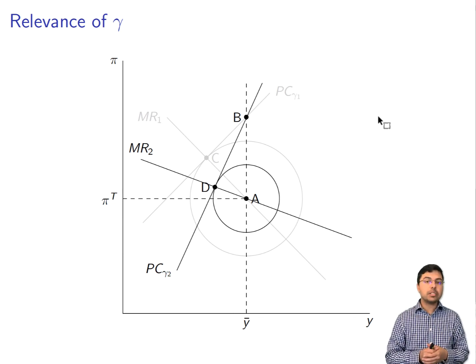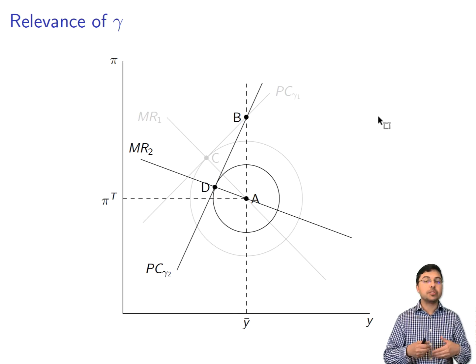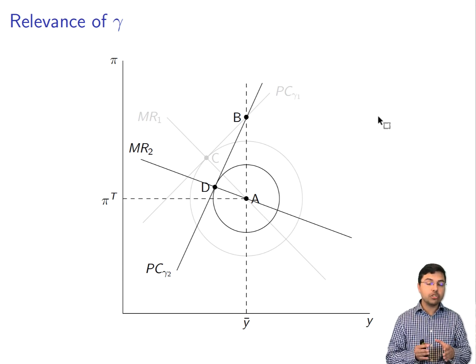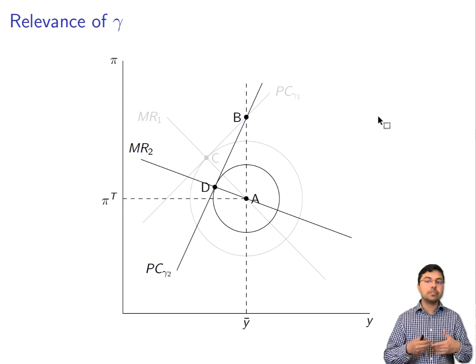But now, because the PC is steeper, the optimal output inflation combination that the central bank can achieve is given by point D. As you can see, point D is closer to point A relative to point C. Hence, the central bank's loss is smaller in this case. Also, the MR curve in this case is given by MR2, which passes through points D and A. As you can see, the MR curve is flatter in this case as well. Hence, as gamma increases, the MR curve becomes flatter.